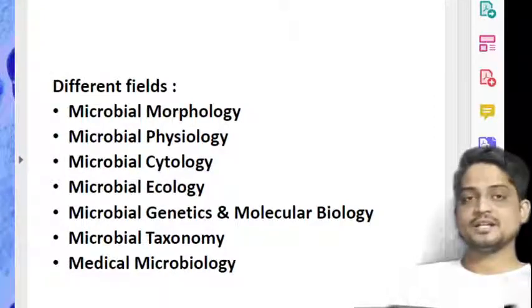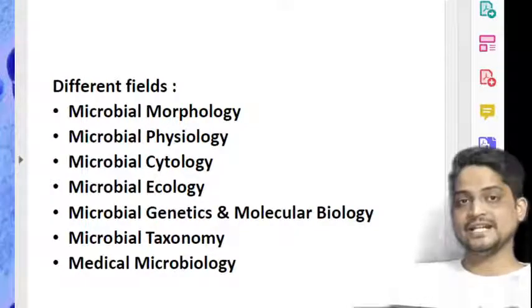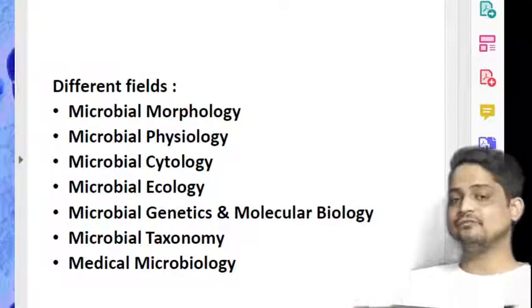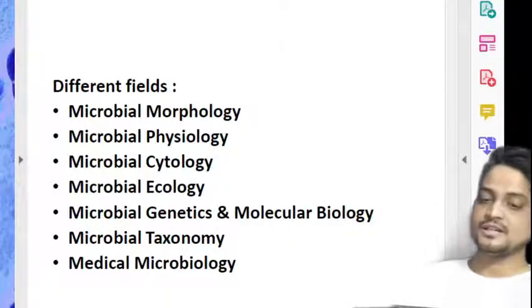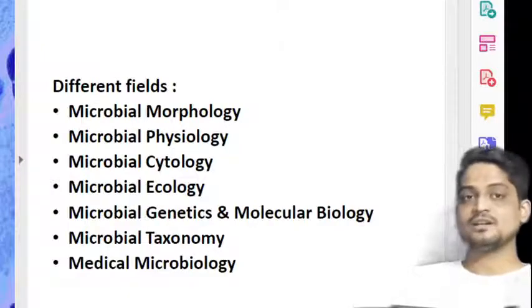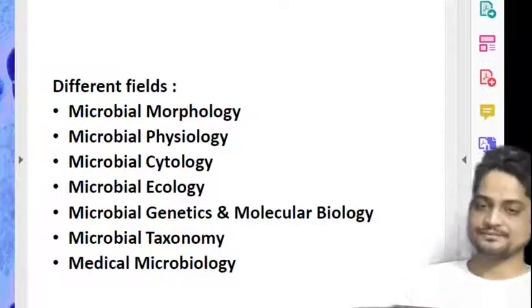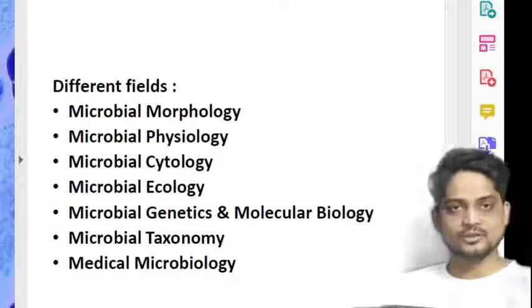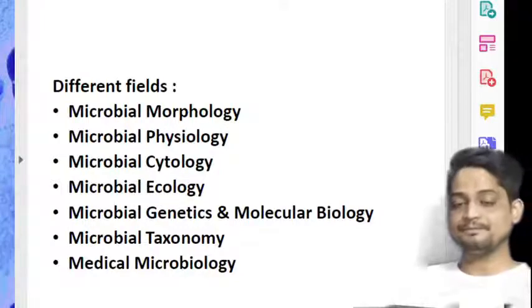Microbial ecology, the science where we relate microbes with the environment. Then microbial genetics and molecular biology, the science where we connect microbiology to the gene level. Then microbial taxonomy, where we can classify things after giving their names.